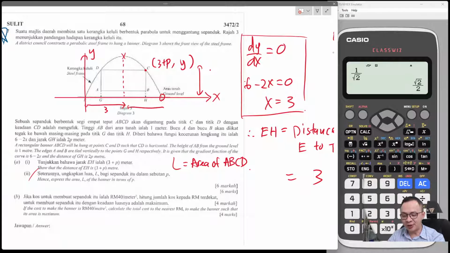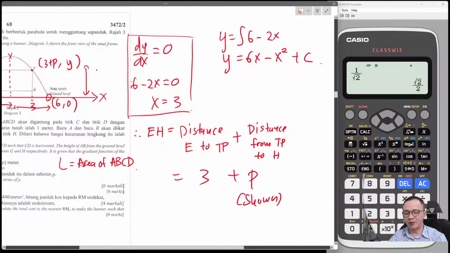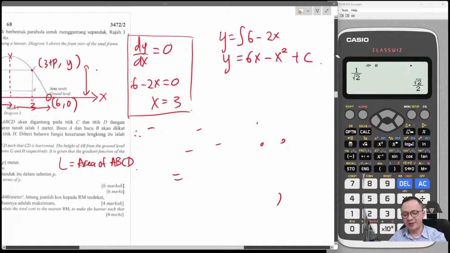Because this is 3 units, here will be 3 units as well. Then F will be 6 here. I mean the x will be 6, so it will be (6, 0) for coordinate F. Make sense? From the y-axis to F is 6 units. Then I will use the (6, 0) to help me to find my c.